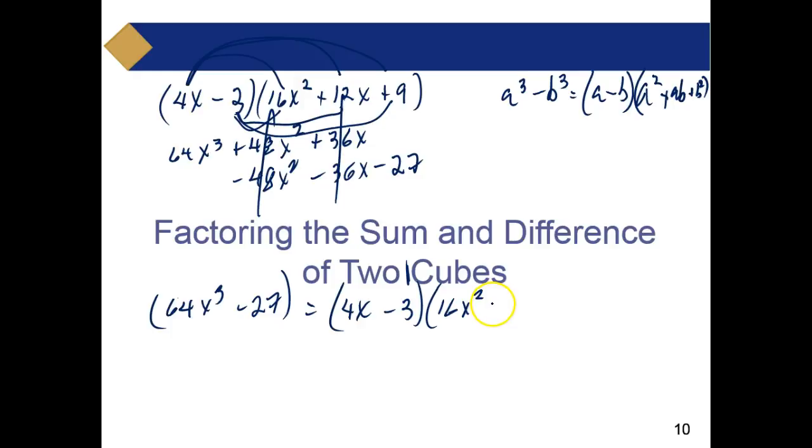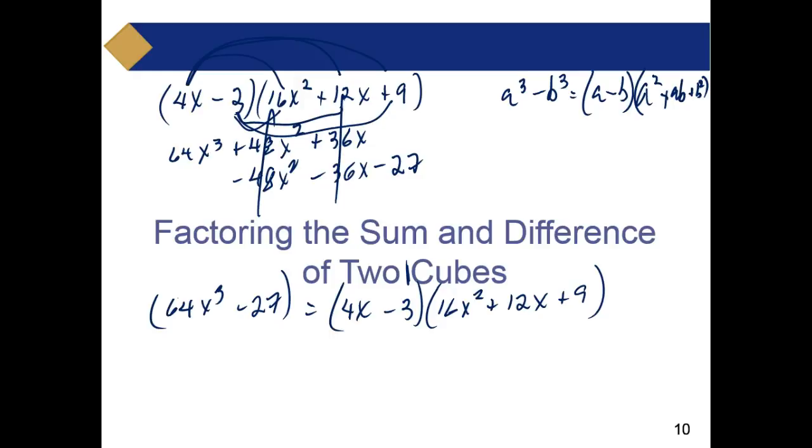A sign. Give me a sign. Okay. Plus 12x. Plus, always plus, because minus times minus is plus. And that is what we have to begin with. That's how you factor the difference of two perfect cubes, the difference of the cube roots, then forget that and do the other stuff I just showed you.